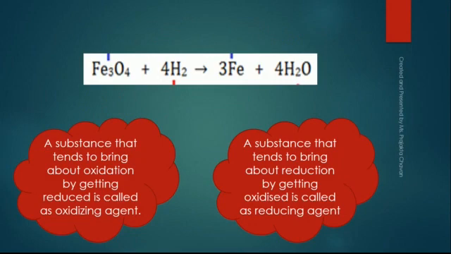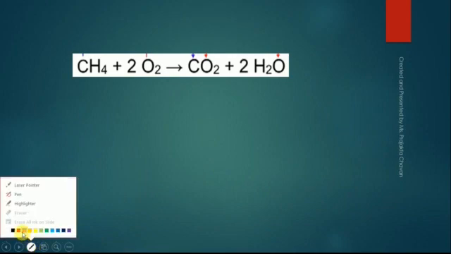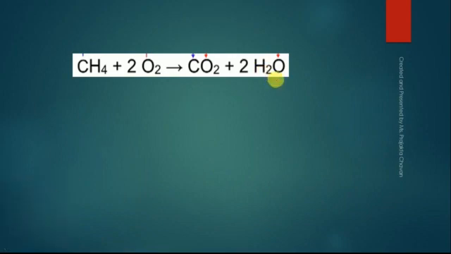Now let us proceed to few more examples of redox reactions. The first example here is CH4 in the presence of oxygen gives CO2 and H2O. So here let us understand this equation. CH4 is getting converted to CO2.